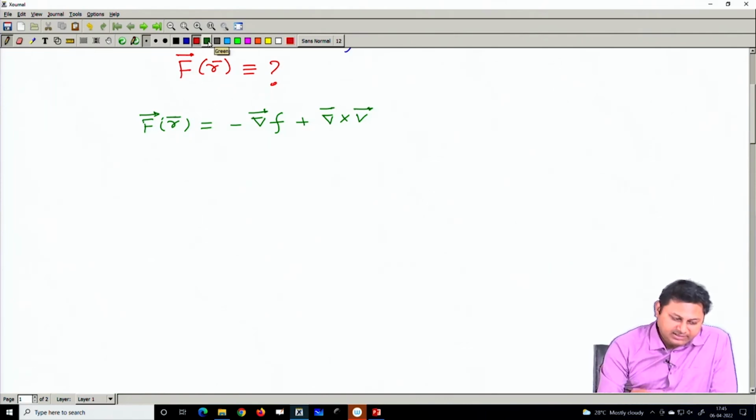So, kindly note that this part contains 0 curl and this component is having 0 divergence.